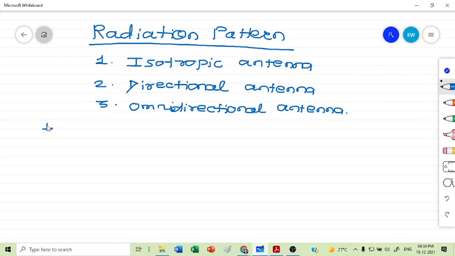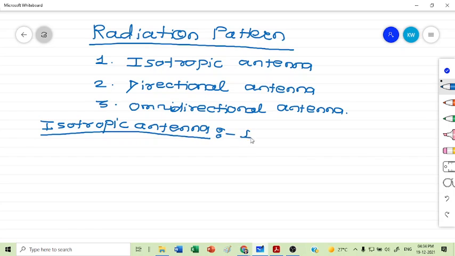Now let us discuss isotropic antenna. Isotropic antennas are also called ideal antennas or reference antennas. Now, why are isotropic antennas called ideal or reference antennas?